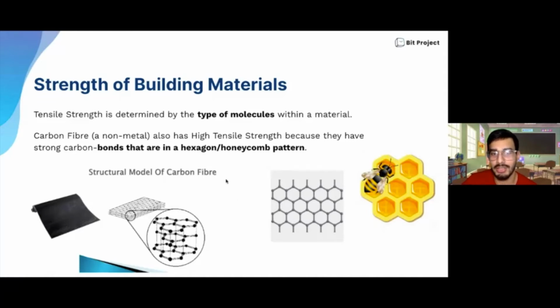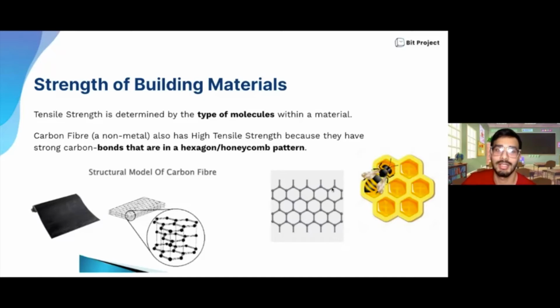And you can actually find this hexagon pattern in honeycombs. That's why honeycombs are very strong in nature, because all sides of a hexagon are bonded to another hexagon shape next to it, making the whole structure strong.